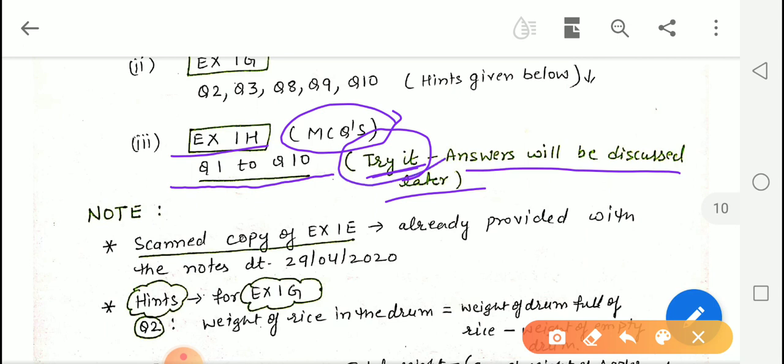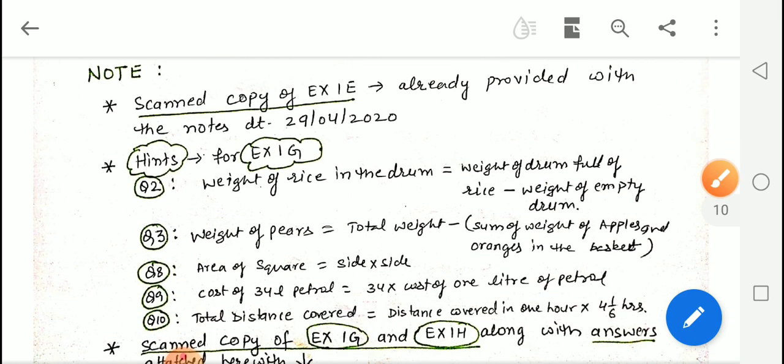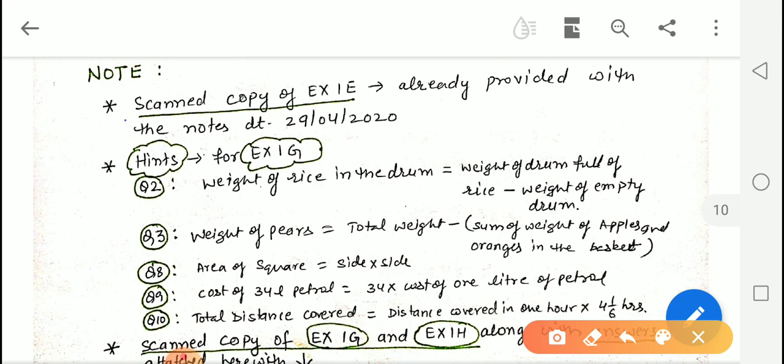And for this, the following note you have to read. The scanned copy of exercise 1E is already provided to you with the notes dated 29th April, and hints of the questions for exercise 1G.